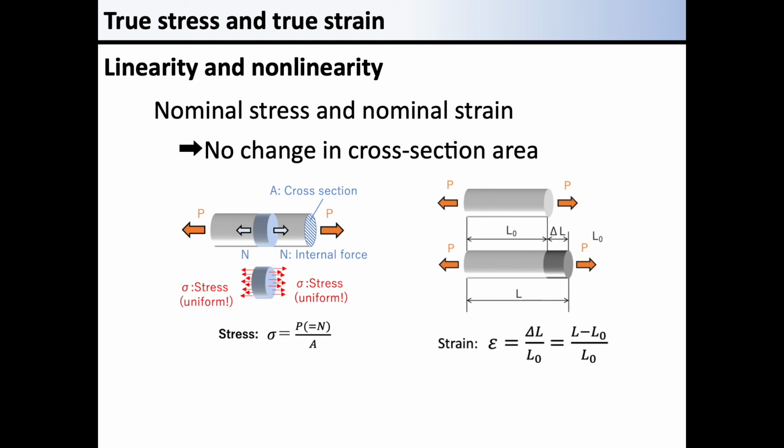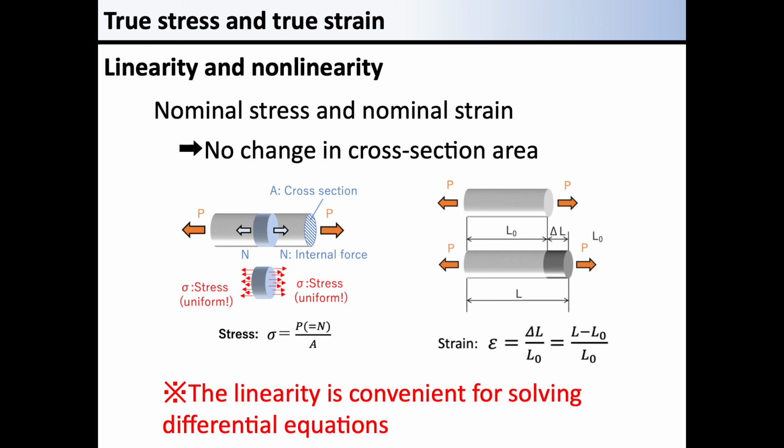The nominal stress is an approximate stress, assuming that there is no change in cross-section area. So, you may feel a bit uncomfortable using the nominal stress for calculation. However, in the differential equations in material dynamics, if you do not use nominal stress and nominal strain, the calculations include nonlinearity.